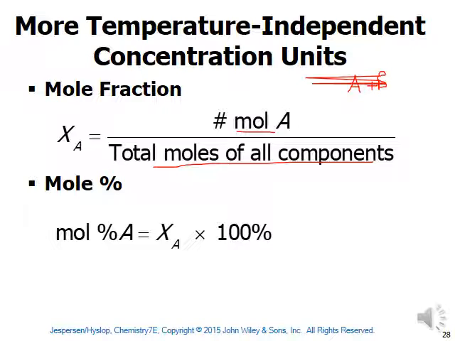So let's say there's 0.3 moles of A per one mole of components, then you multiply that by 100 and you get 30%.